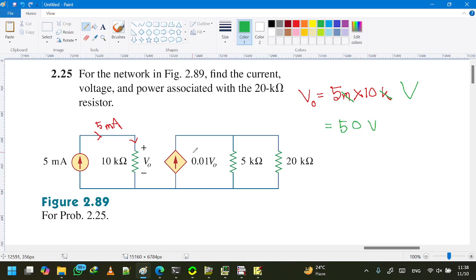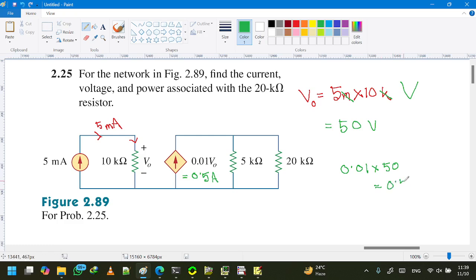Since V0 is 50 volt, the current from here will be 0.01 multiplied by 50, so it will be 0.5 ampere. Because 0.01 multiplied by 50 means the decimal point moves 2 decimal places to the left.